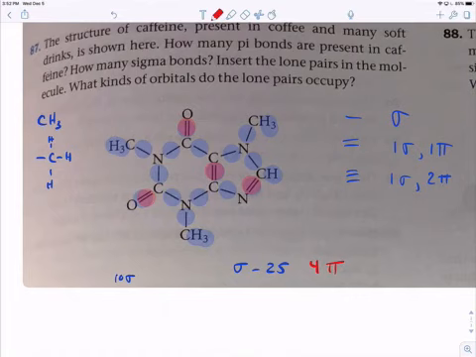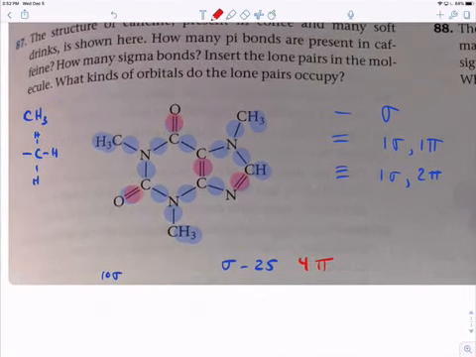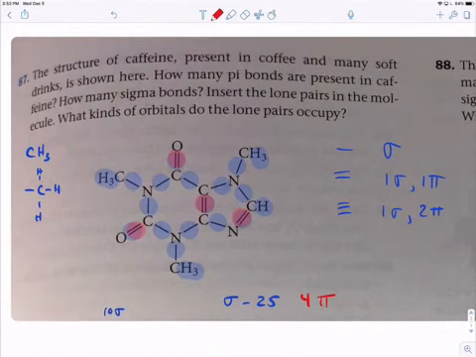Yep, 25. Got it. Again, as long as I'm not counting incorrectly twice in a row. Okay. So does this make sense? All single bonds are just a single sigma bond. A double bond is 1 sigma and 1 pi. So you count every single one of the bonds for the sigma bonds. We got 25 bonds there, plus the double bonds. So there's 4 double bonds, so there's 4 pi bonds.